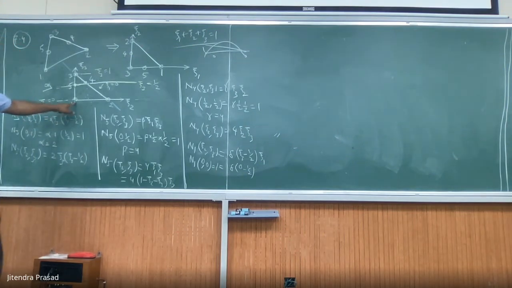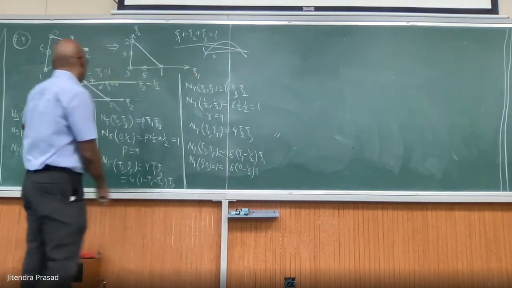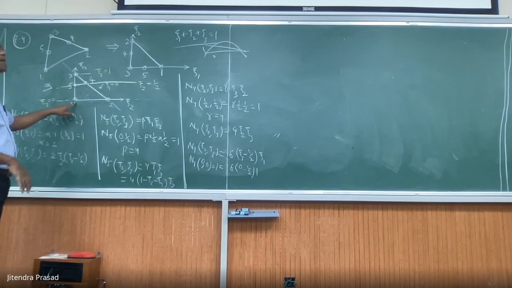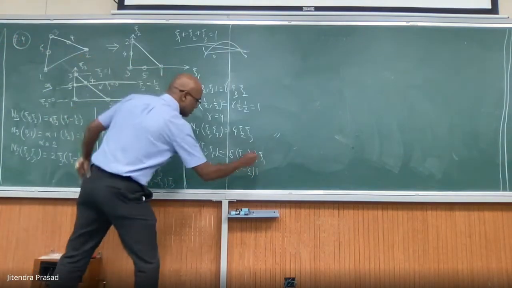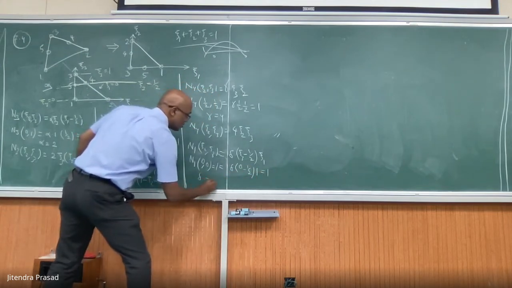Xi1 is 1, because xi2 and xi3 both are 0 here. So delta times minus half equals 1, so delta is equal to minus 2.